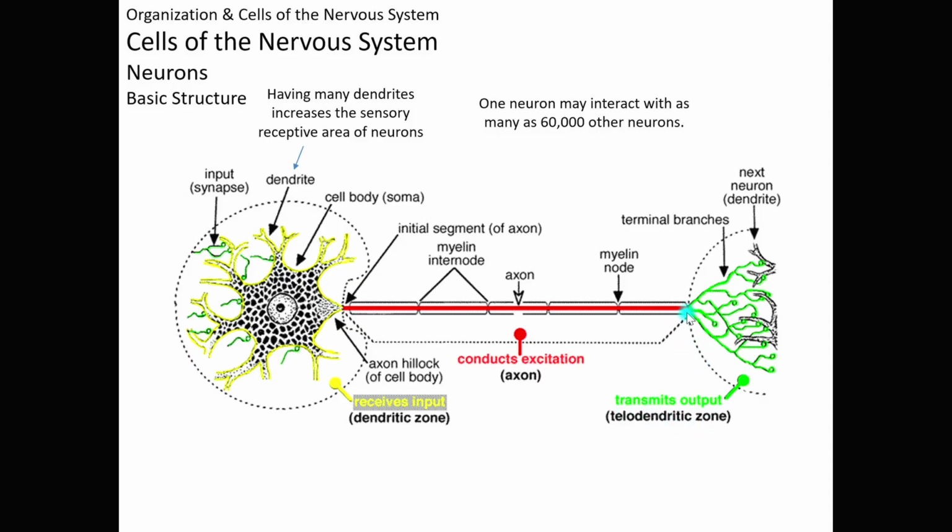And then towards the end of the axon, we enter what's called the telodendritic zone, where the axon suddenly branches. You get all these terminal branches, again allowing this one neuron to, in turn, stimulate many other neurons or muscle cells or glands within the body. Here, the telodendritic zone is all about transmitting output, right? So sending out signals that can stimulate other neurons or muscles or whatever. Most often, that output takes the form of neurotransmitters, right?